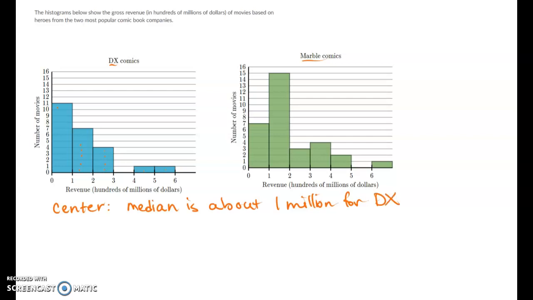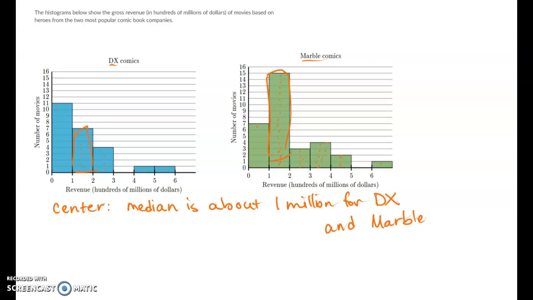And for Marvel, it's 7, 8, 9, 10, 11, 12, 13, up through 32. So they look like the median is also the same for Marvel. So somewhere in here, but I don't know exactly where in there the median is. It's somewhere in this bar for both of them.